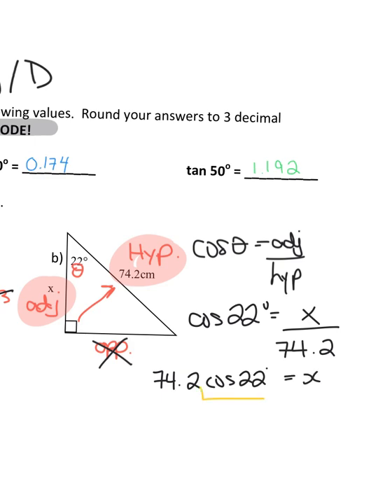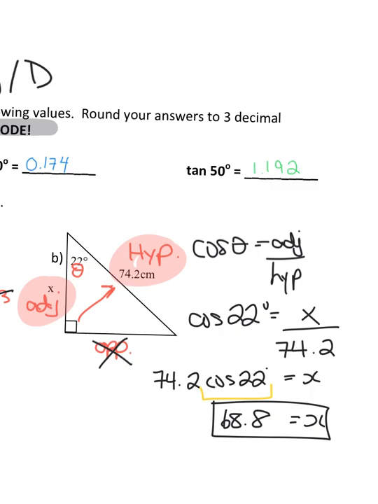So start with 22 cos or cos 22, depending on how your calculator works. And then multiply by 74.2. And we're going to get 68.8 for our missing side.